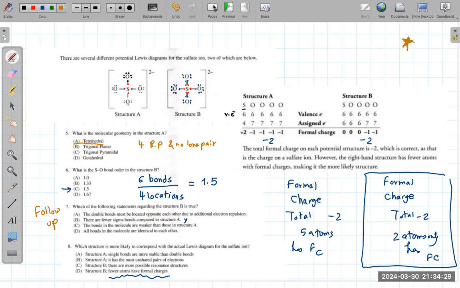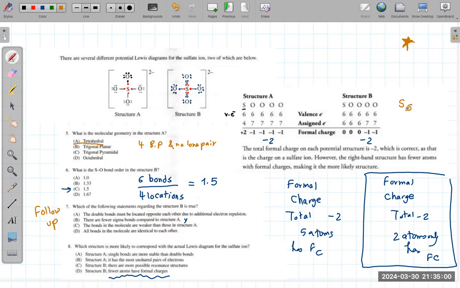Mr., I have a question. Right, we used to calculate formal charge by doing the number of valence electrons, let's say I was calculating the formal charge of sulfur. I'd do 6 minus the number of unpaired electrons, which would be 0, minus, and I'm doing it for structure B, half the number of paired electrons. So let's do it. S, which is the number of valence electrons, minus.